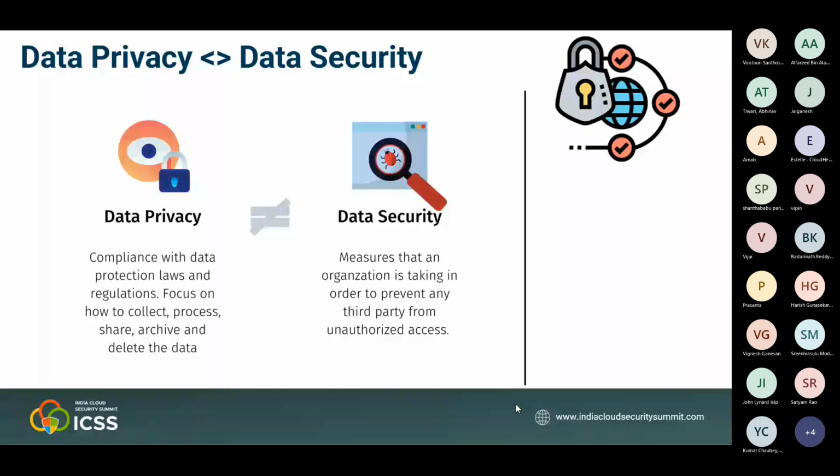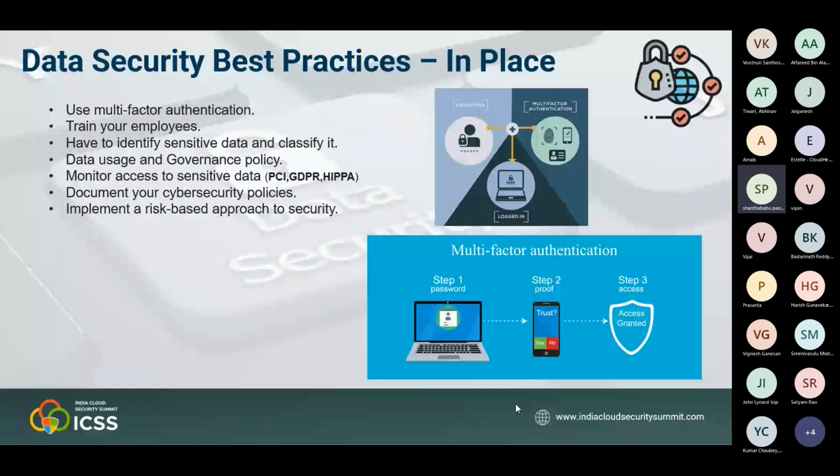Right. So far, we have the data security best practices in place already. We are using multi-factor authentication. Everybody knows this very well. When you are logging into your Gmail from a new gadget or a new laptop somewhere, it starts asking so many questions.